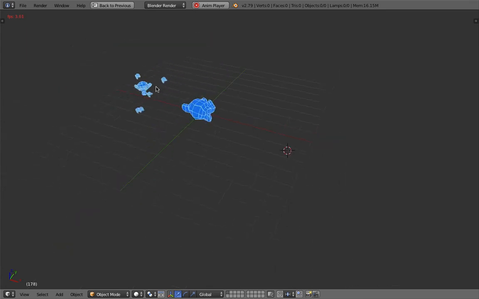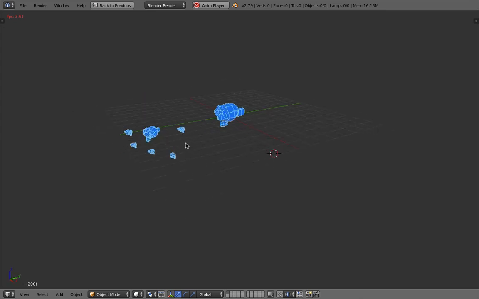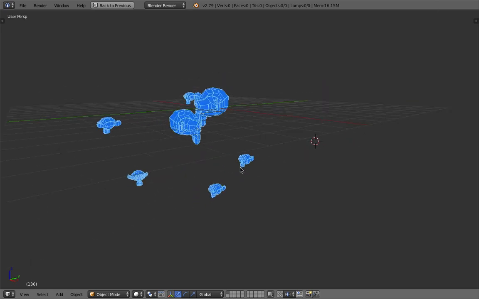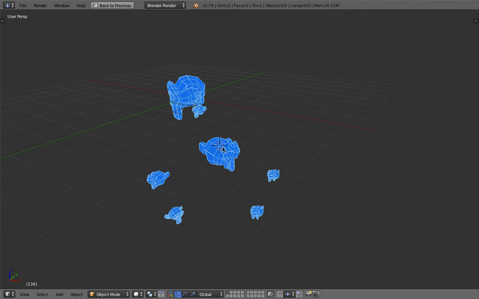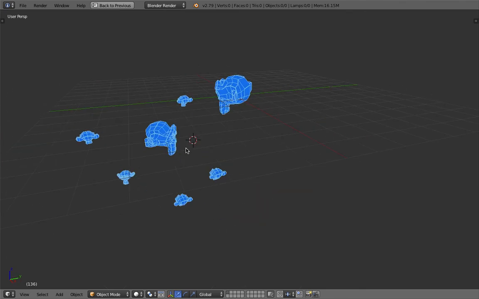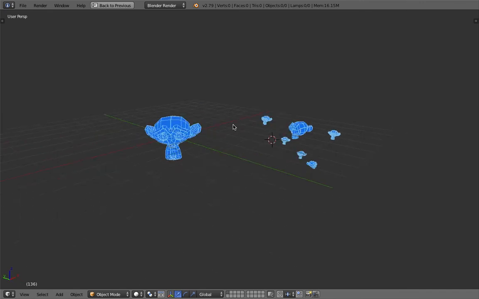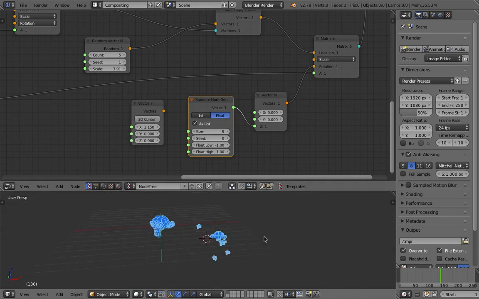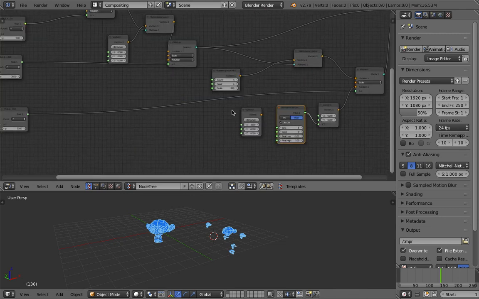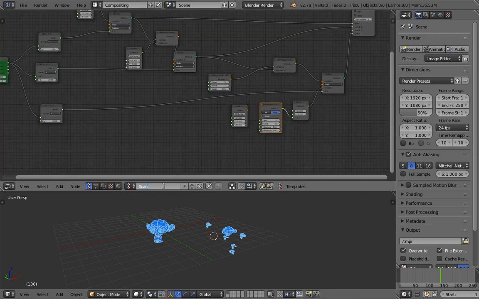Probably can randomize the speed of rotations as well. It would be nicer if the little ones actually rotated around this guy right here, making a ring. Currently they're not really making a ring, but there you go. That's some kind of Suzanne planet rotating orbit simulation.